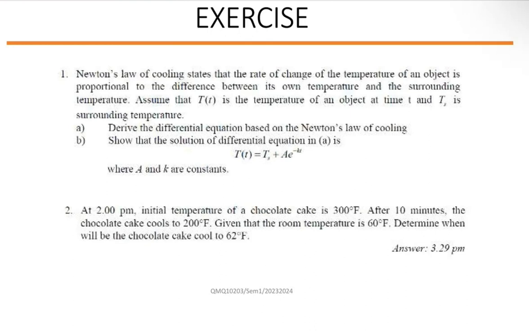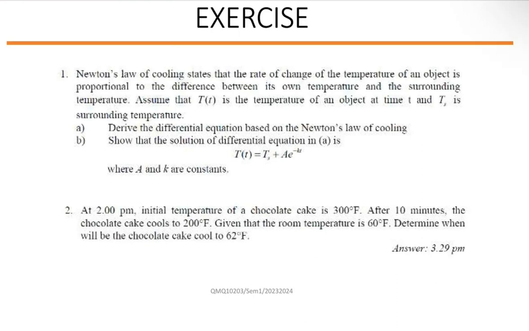Assume that T, capital T, is the temperature of an object or body at time t, and Ts is the surrounding temperature. Derive the differential equation based on Newton's law of cooling.